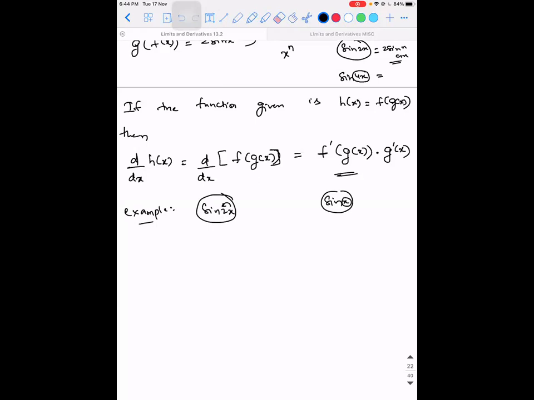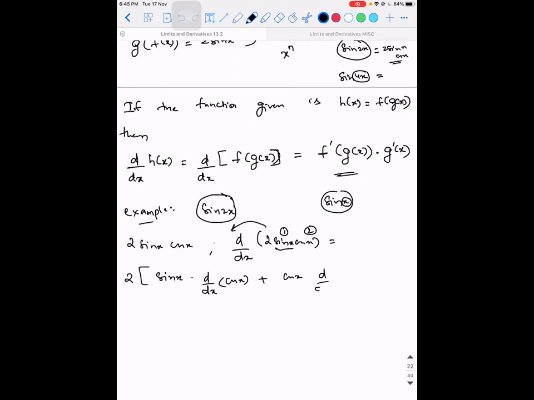Okay. So if it is sin 2x, let's first do it with a different logic. Sin 2x, I will write it as 2 sin x into cos x. Then d by dx of 2 sin x cos x is how much? 2 is a constant that will come out of the derivative. So first function, second function: first function into d by dx of cos x, plus second function into d by dx of sin x.